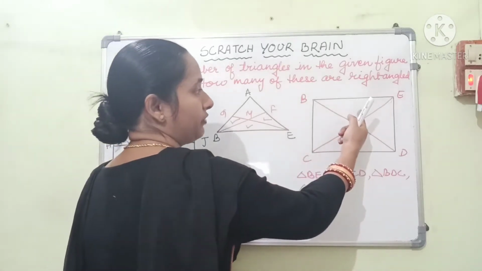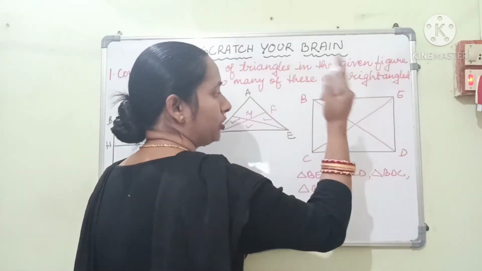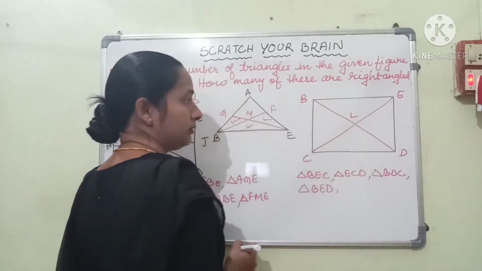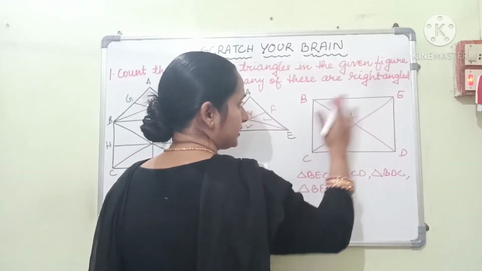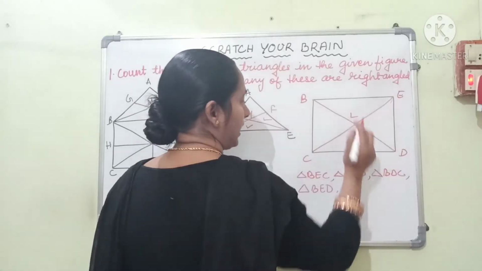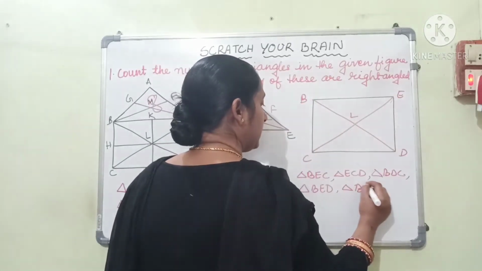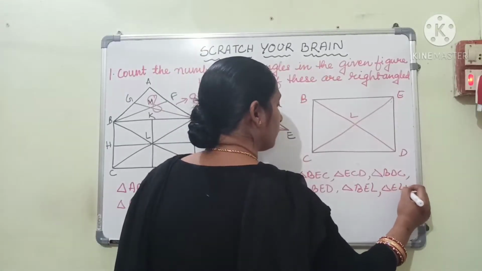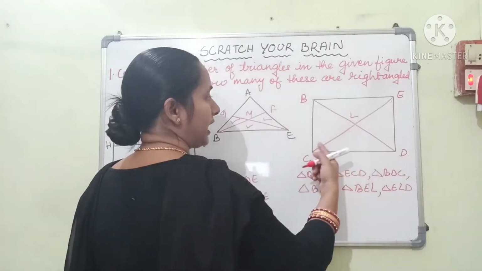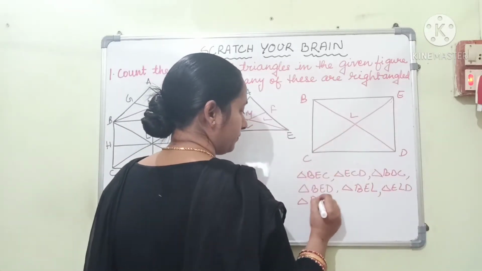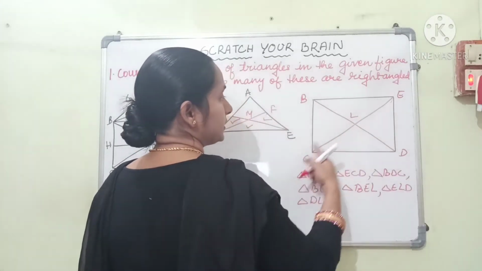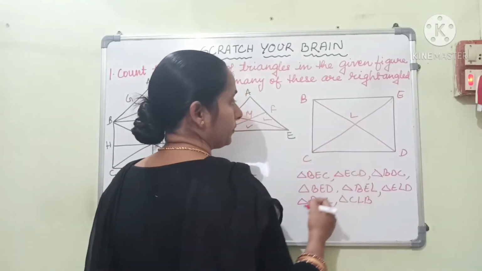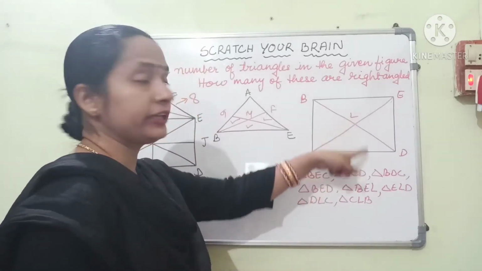You find that there are 1, 2, 3, 4 triangles. The point is named as L. So, 4 triangles. Let's name all these 4 triangles: triangle BEL, triangle ELD, then triangle DLC, then triangle CLB. Overall, those are 4 triangles.